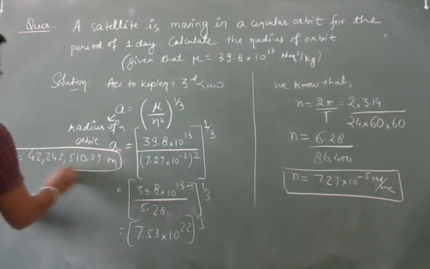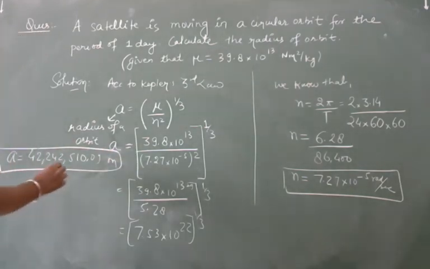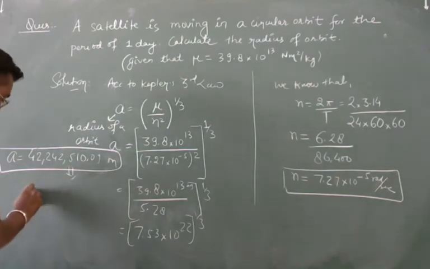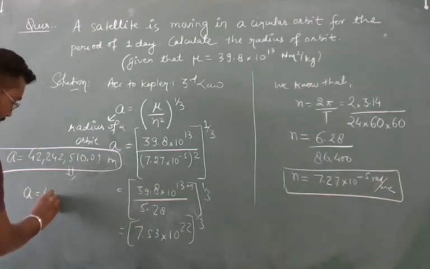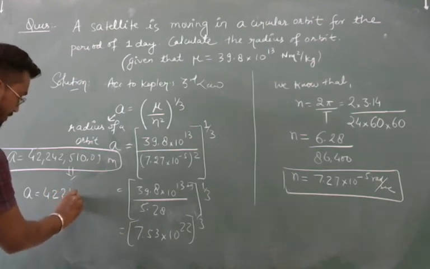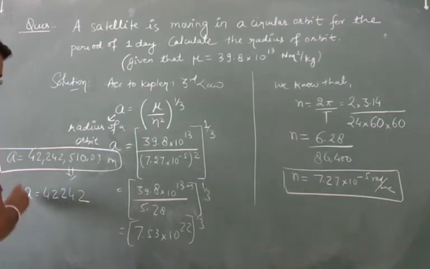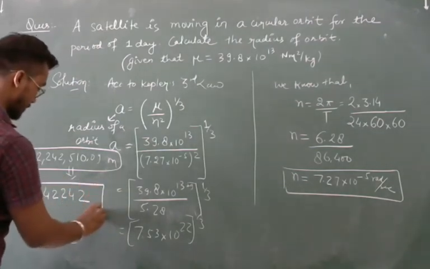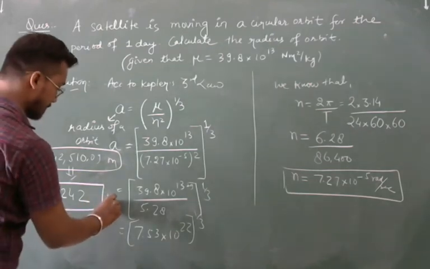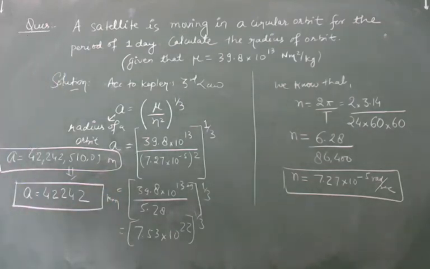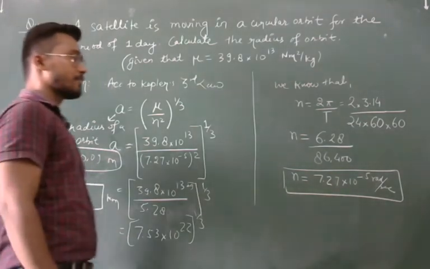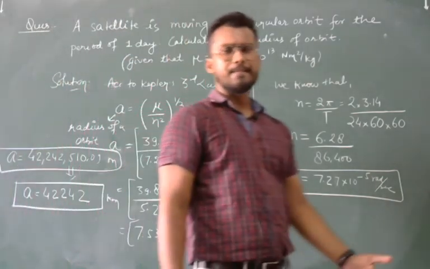This value is for this a, और इसको जब अगर हम किलोमीटर में कन्वर्ट करेंगे तो वैल्यू विल बी बिकम 42242 kilometer. Means this is the value for this a. तो क्वेश्चन वॉज सिंपल.